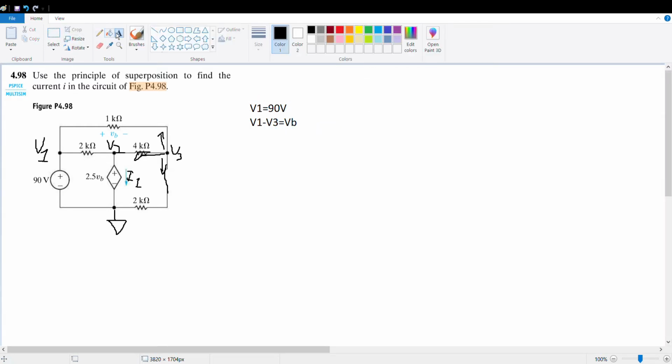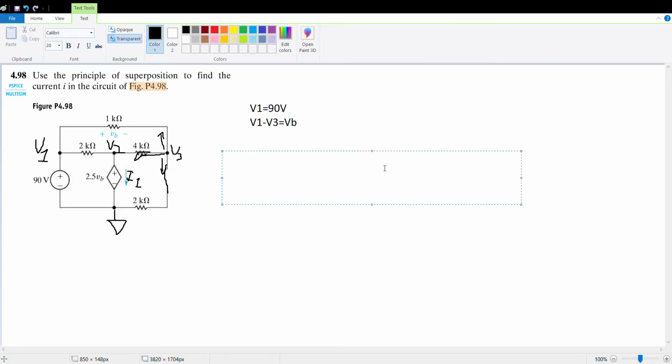So we're first going to write our node voltage equations, starting with the node equation for V3. We have V3 minus V1 over 1K as this current.